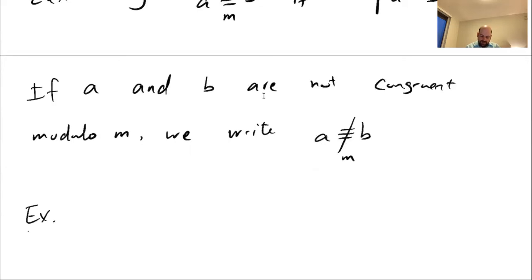Now example, let's say 12 and 5 modulo 3. Do you think 12 and 5 are congruent modulo 3? How can I know? According to the definition, I have to look at their difference and see whether their difference is divisible by 3 or no. So what is the difference here? 12 minus 5 is 7, and 3 does not divide 12 minus 5, which means 12 and 5 are not congruent.